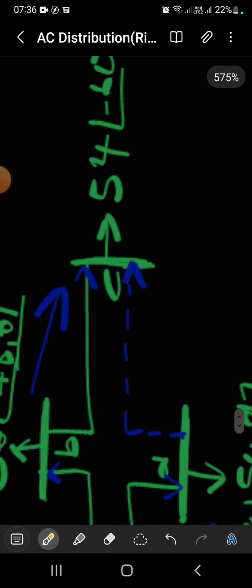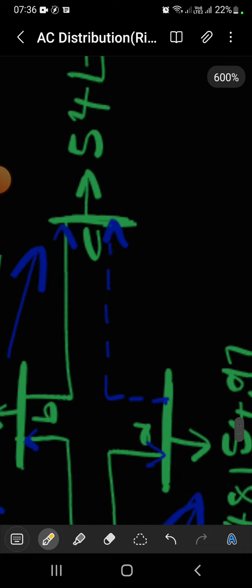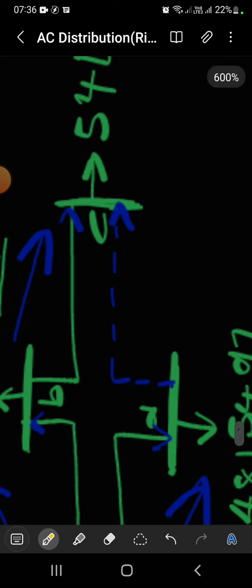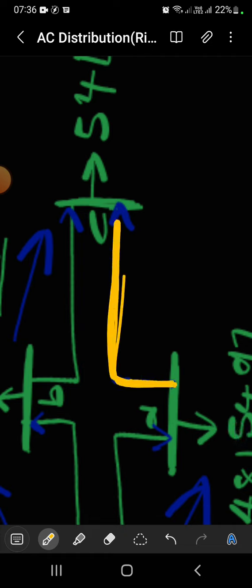By the way, remember what we were taught in S2 or something, diploma. When you're doing Thevenin, you remove the component that you're interested in.